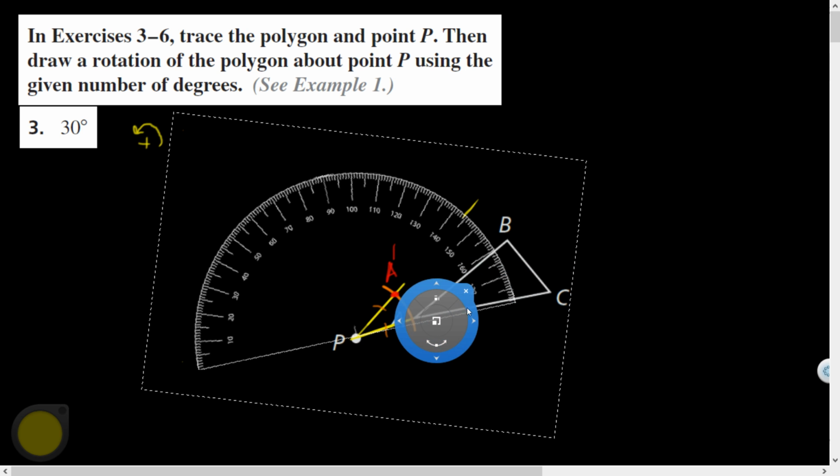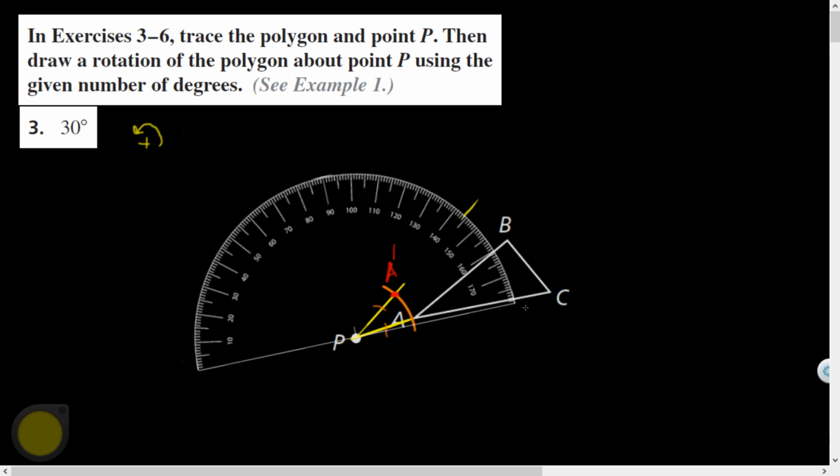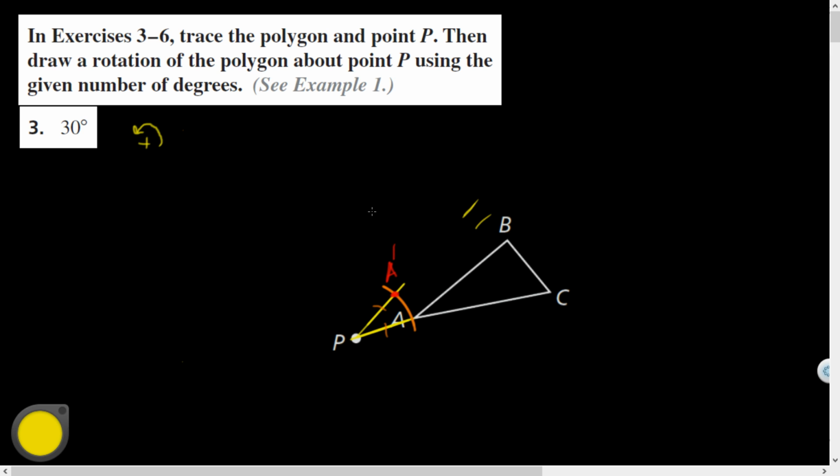It looks like if I was to continue this, that would intersect point C. And then I would measure out 30 degrees. So 30 degrees, 10, 20, 30. So here is my tick mark on my protractor. I can get rid of my protractor. And now I would take out my ruler tool and draw that new angle.